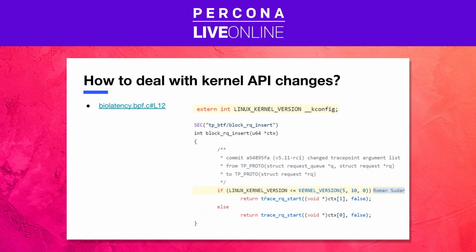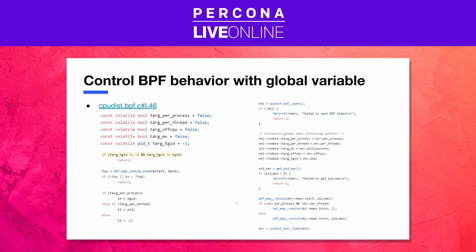Additionally, the BPF verifier will treat those variables as known constants and will be able to use them for advanced control flow analysis and dead code elimination. Here is an example of dealing with tracepoint interface compatibility.